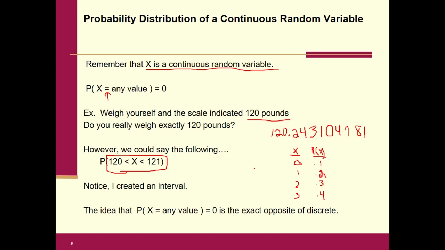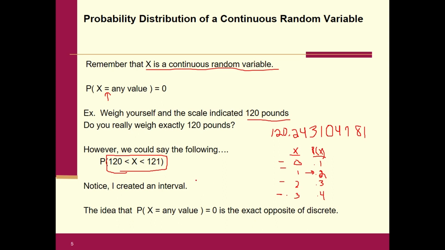Then we could say the probability that x is equal to 1, we look at our distribution and say, oh, it's 0.2. So in the discrete world, all the probabilities are located exactly at these whole numbers, at 0, 1, 2, 3. However, it's exactly the opposite with the continuous world.